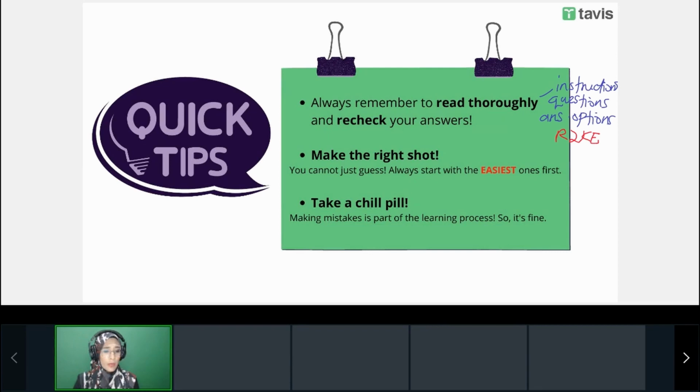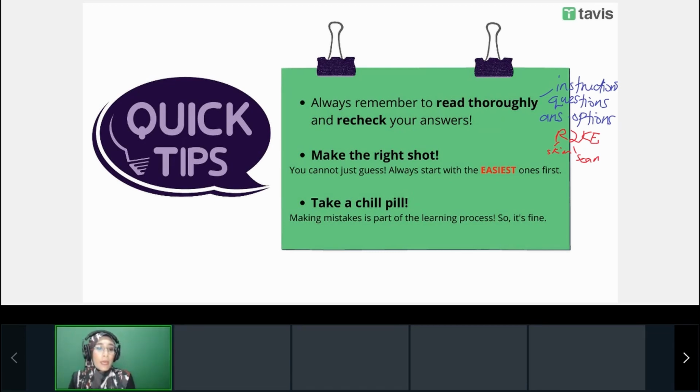Why do we have to read twice, teacher? First reading is skimming. The second reading is scanning, where you look for keywords, and then you eliminate any wrong, incorrect, or inappropriate answers.